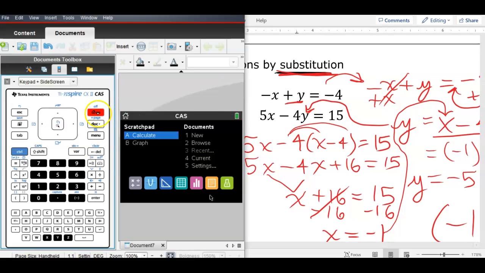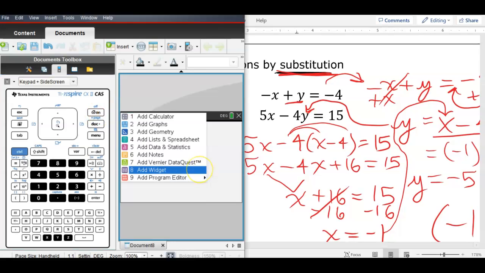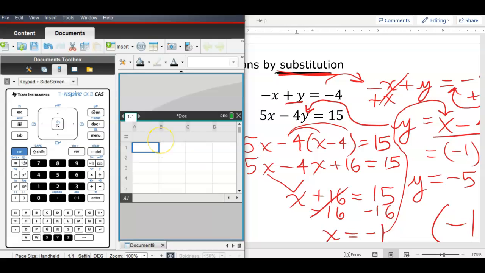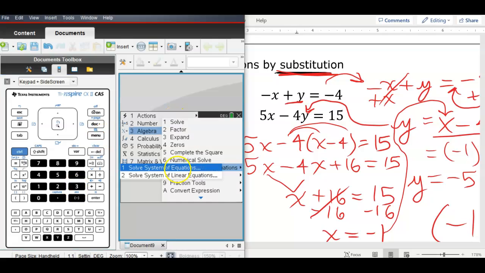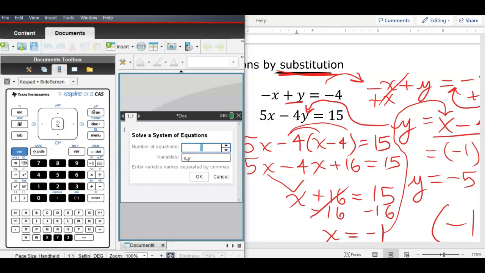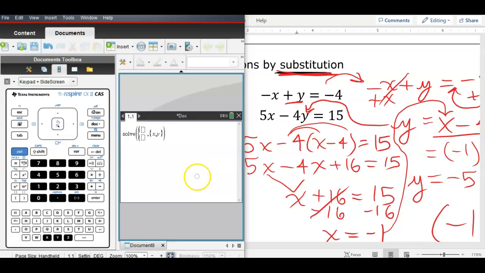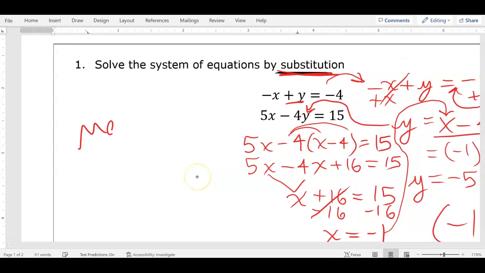Remember, on your calculator, you can go to a new document, don't save, number 1 for a calculator. Menu 3, and you're going to press 2. Menu 3, 2. So you could do menu 3, 2 to check your work.